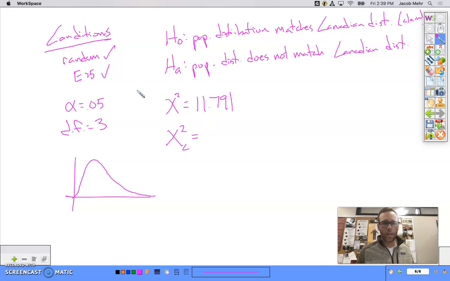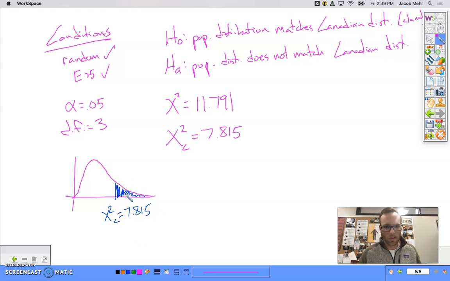So I'm looking up what? 3 degrees of freedom, 0.05 for my alpha, 7.815. So that sets that like this. Chi-squared 7.815. Sets my rejection region.